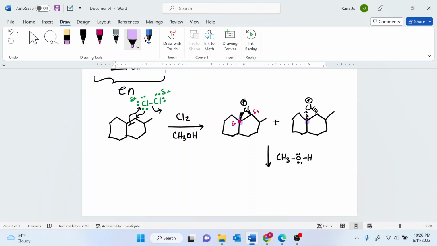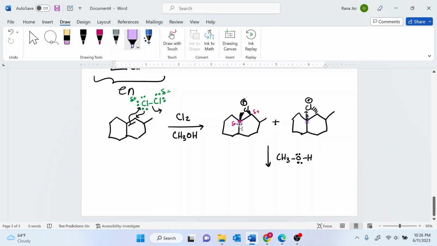This is going to be the most substituted because this carbon is connected to 2 carbons over here. However, this carbon in there is connected to just 1 carbon in there. Even though there is a branch, this is the branch of the cycle that has more carbons than this one.